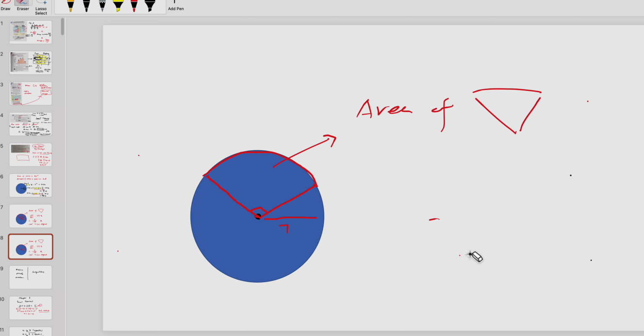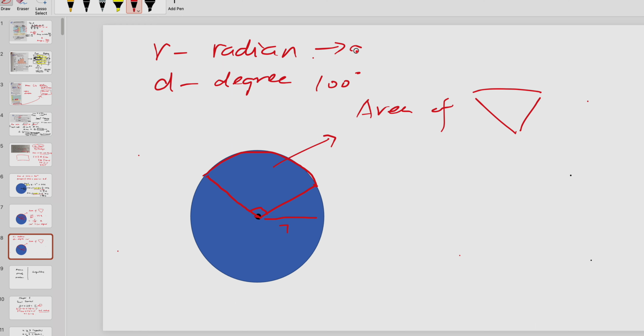Instead of giving you 100 degrees, which I call the degree mode, they can give you in R, which means radian. R means radian, D means degree. What is radian? Degree, you know, is 100 degrees, so this angle is 100 degrees. Radian is radian mode. It's just another unit for angle.